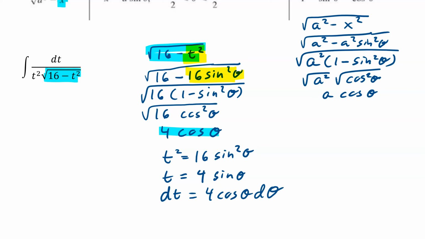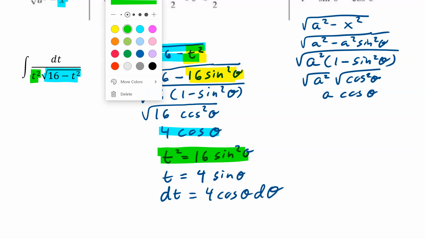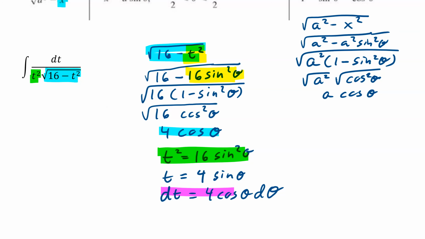Now it just becomes a bunch of substituting. So we can replace our t squared right here with that, and then we'll use pink. And then our dt becomes 4 cosine theta d theta. So plugging all this in, we get 4 cosine theta d theta.